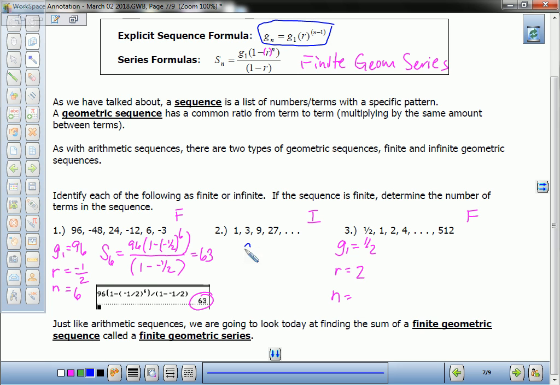So our old formula was G sub N equals G sub 1 times R to the n minus 1. I know the last term is 5/12. The first term was 1/2. The ratio is 2. Let's solve for n. We have to get it in exponential form, which means we have to move the 1/2. Dividing by 1/2 is like multiplying by 2.